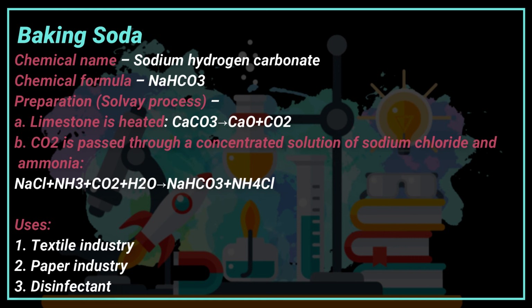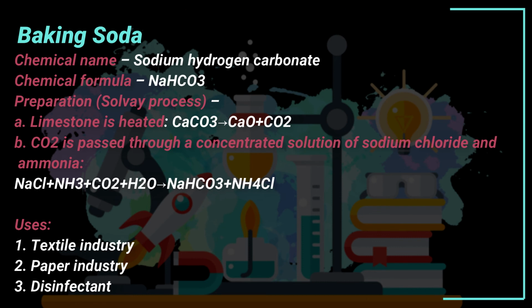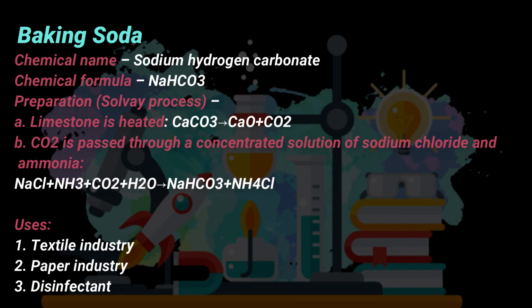B. CO2 is passed through a concentrated solution of sodium chloride and ammonia: NaCl + NH3 + CO2 + H2O gives NaHCO3 + NH4Cl. Uses: 1. Textile industry. 2. Paper industry. 3. Disinfectant.